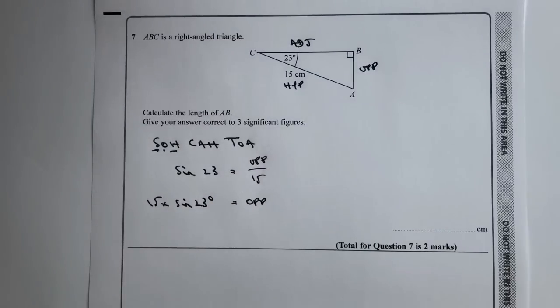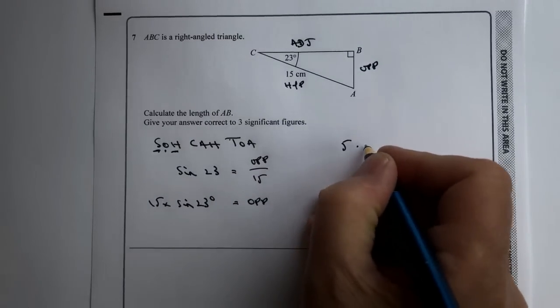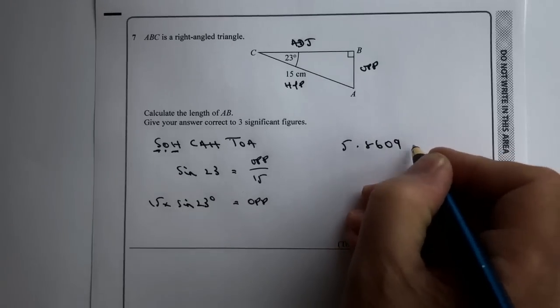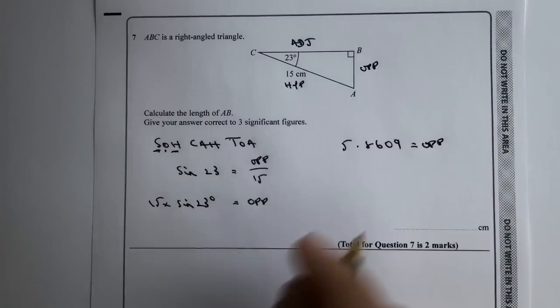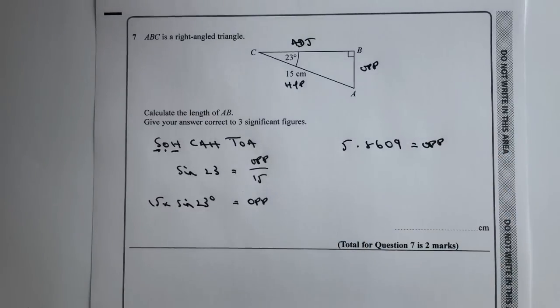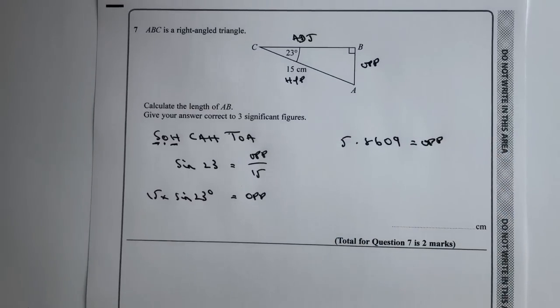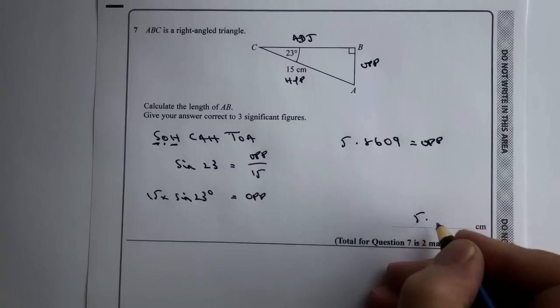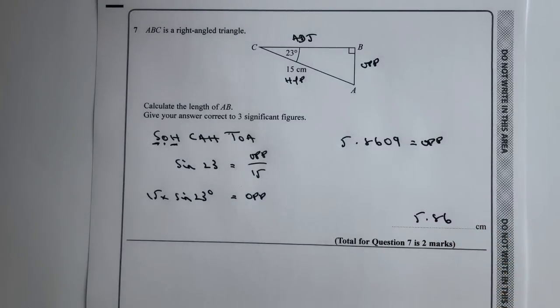Pop that into a calculator, and you're going to end up with 5.8609 equals the opposite. Give your answer correct to 3 significant figures. To 3 significant figures, and you've got to be a little bit careful here, that's going to be 5.86. So we're saying that this line along here is 5.86 centimetres.